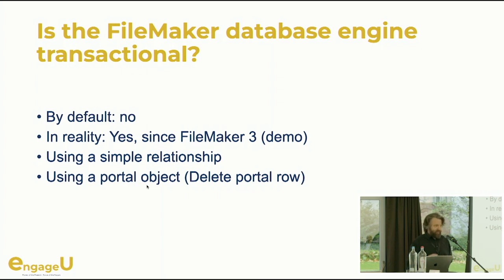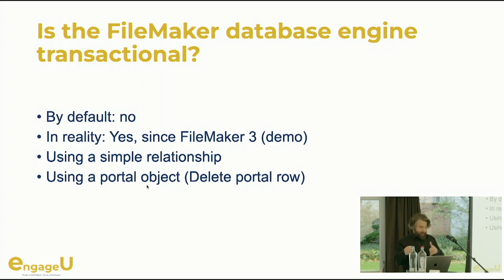I know that there's been many sessions on the subject, using portals, but portals are of course okay because they use a relationship. I would like to make it very clear to narrow this down. FileMaker is transactional when you edit records through relationships. That's all. The only thing you've got to remember, right? We are not talking yet about the new feature. That's the old engine, and nothing has changed really.